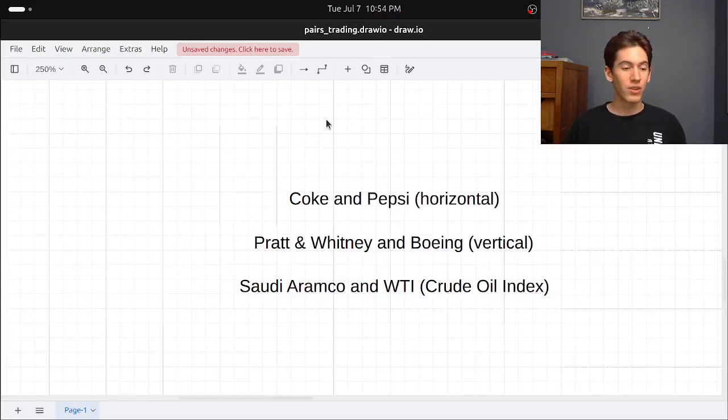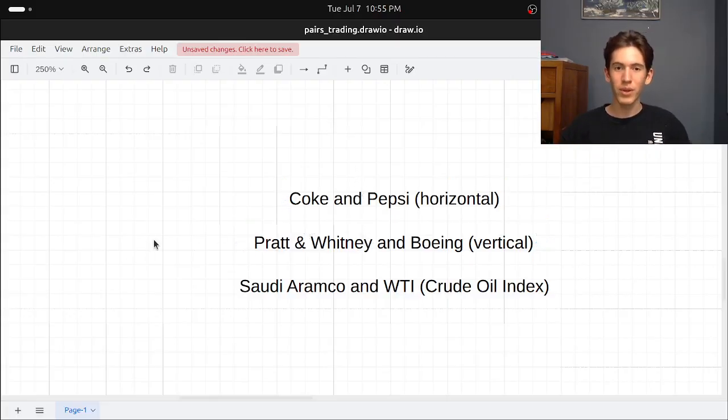So if there's an increase in inputs to production, right, the cost of their flavoring or sugar or bottles go up, both companies will be negatively affected. And if demand for soda goes up, right, they find some new chemical like aspartame that's supposedly healthier for you because it's lower sugar, lower calories, and demand goes up, well, both companies will prosper.